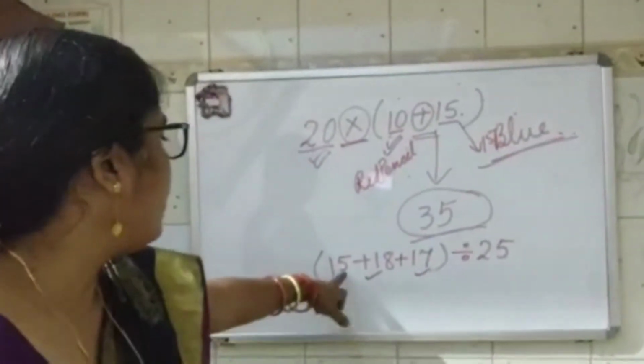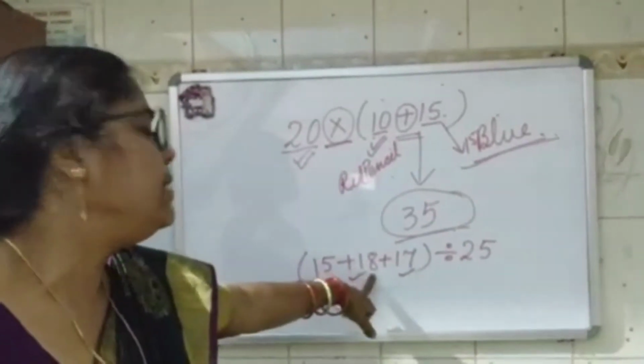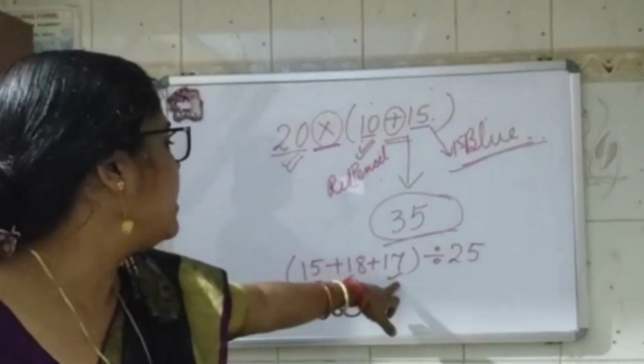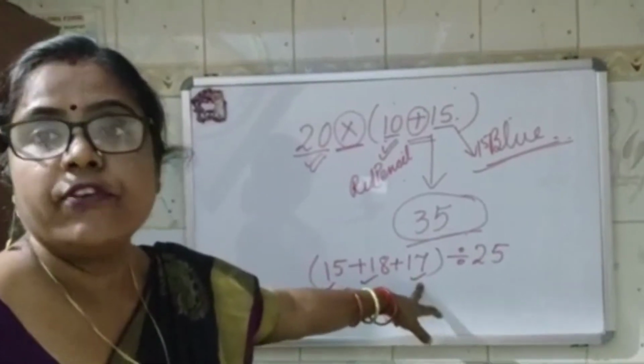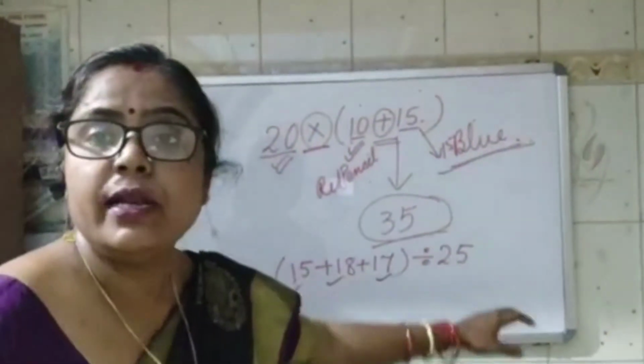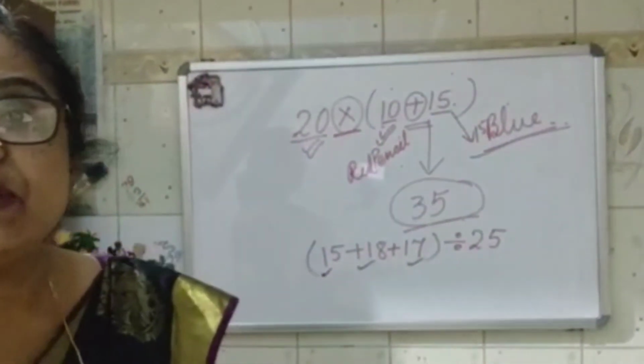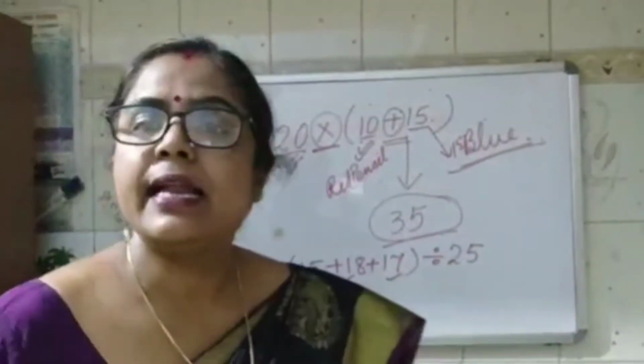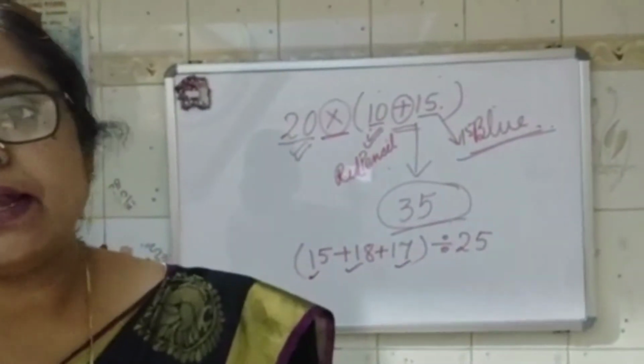If I take it like this, then what will be the question? Rahul had 15 chocolates, Sanya has 18 chocolates, and Rohit has 17 chocolates. So first we will add these chocolates and we have to distribute among 25 students. So how many chocolates will each one get? So you have to get the answer by adding and dividing.